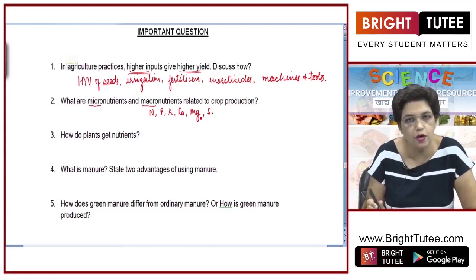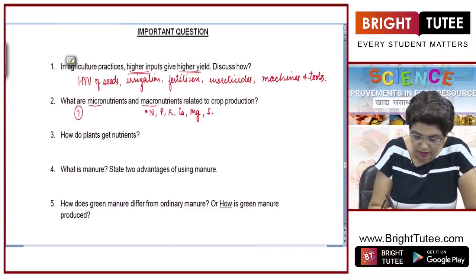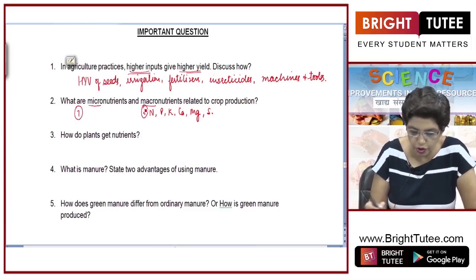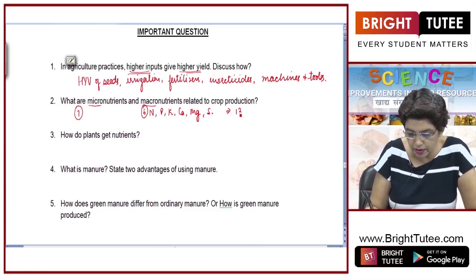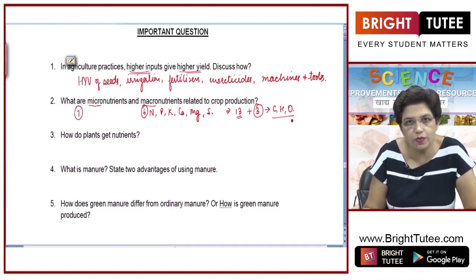These are 6 of the nutrients which plants require in greater quantity, while there are 7 micronutrients. Total of these are 13 plus 3 other nutrients, that is carbon, hydrogen and oxygen. These are obtained through water as well as air.